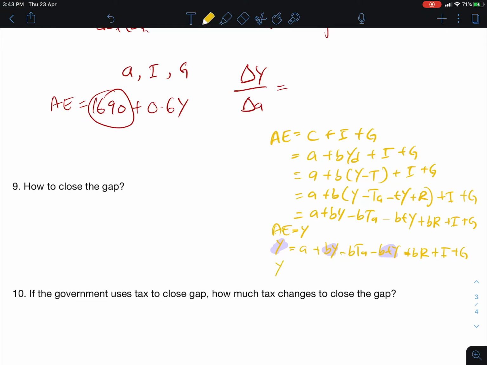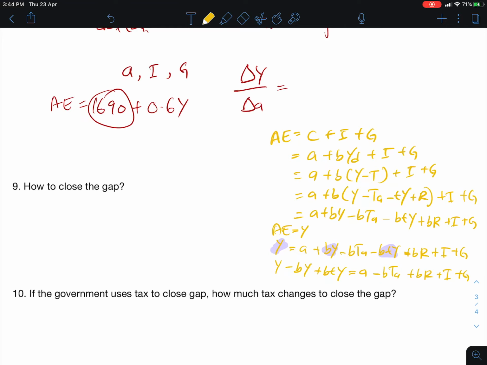Jadi kita dapat Y minus BY plus BtY, okay, sama dengan A minus BTA plus BR plus I plus G.